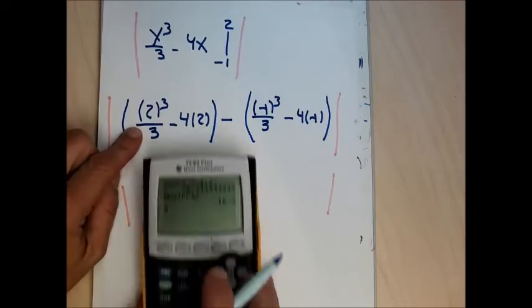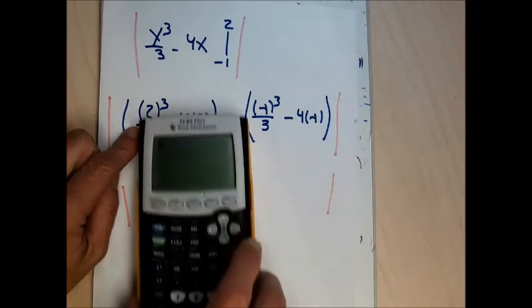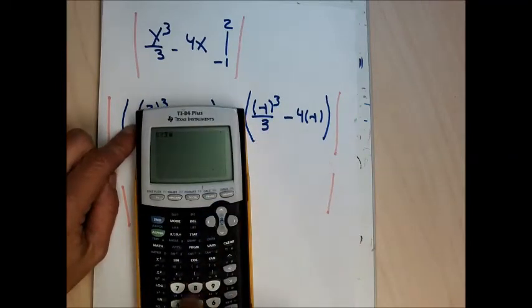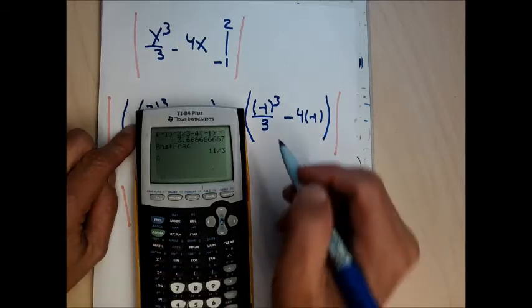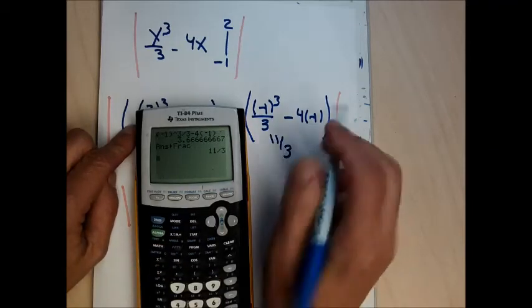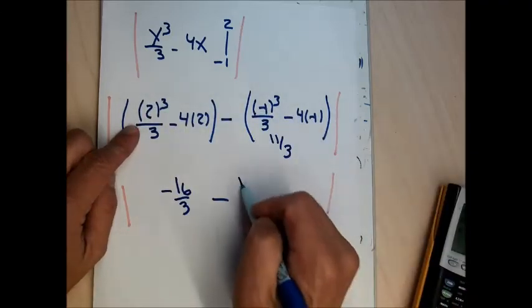The second one is going to be parentheses -1 up arrow cubed divided by 3 minus 4 parentheses -1. And then math, enter, enter. That's 11/3.